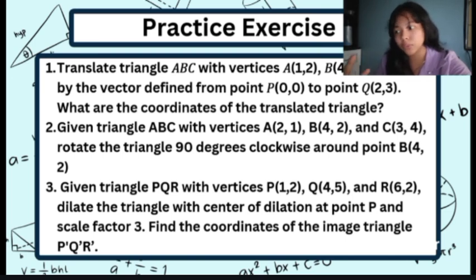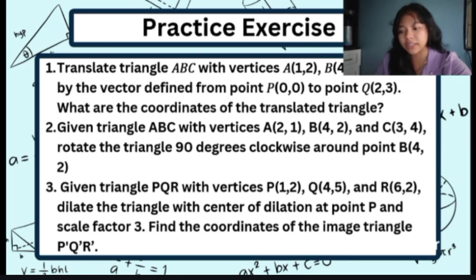So problem number 2. Given triangle ABC with vertices A (2, 1), B (4, 2), and C (3, 4), rotate the triangle 90 degrees clockwise around point B, which is (4, 2). Number 3.